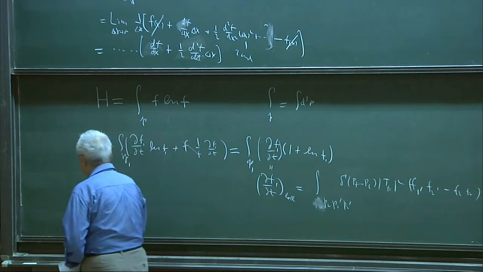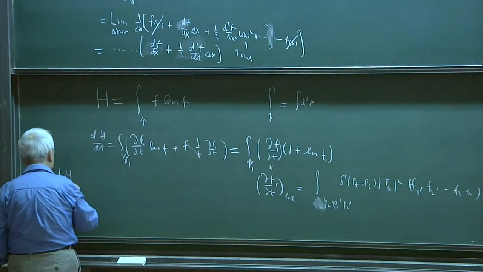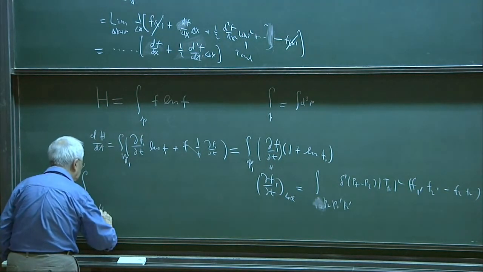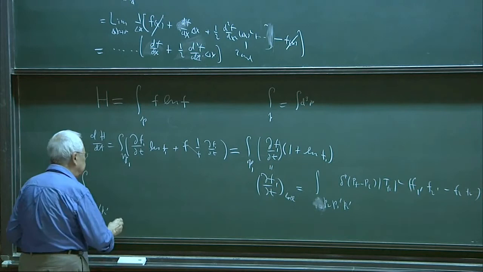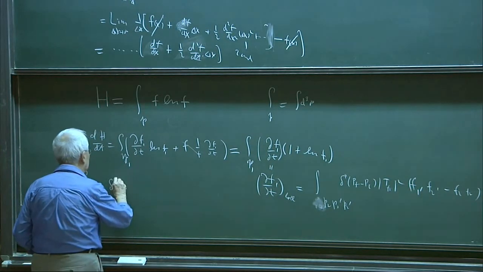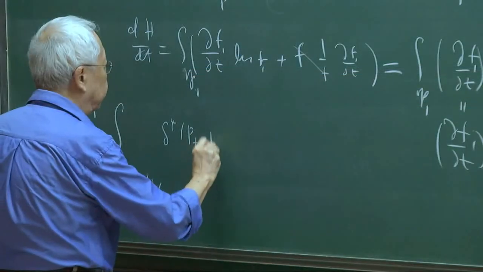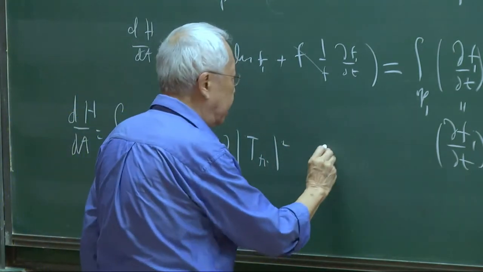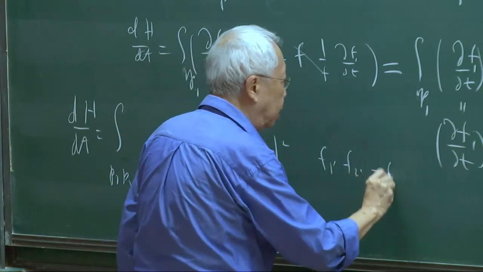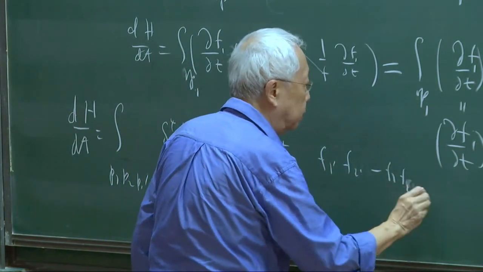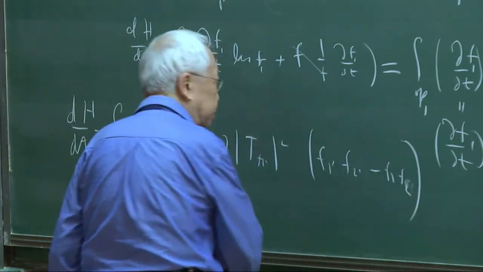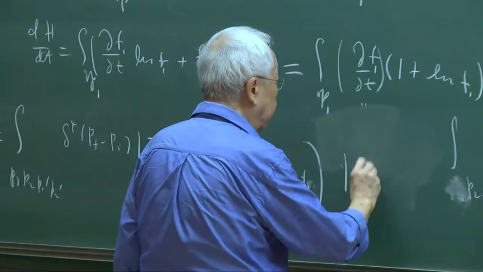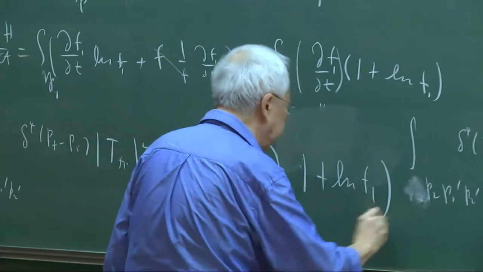So dH/dt is equal to the integral over all the p's, p1, p2, p1 prime, p2 prime, all the momenta in the collision, times the delta function d4 of Pf minus Pi, the T matrix squared, times f1 prime f2 prime minus f1 f2, times 1 plus log f1.